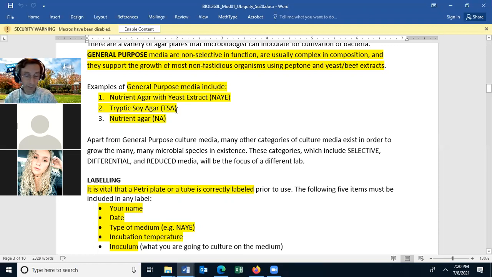The reason why microbiologists use general purpose media so frequently is because they grow a lot of organisms and they are cheap. They're also fairly easy to make. Okay, so these are the media that we use most of the time in microbiology. Any question about any of that? We will talk about other media in a later lab, but for now we're only talking about general purpose media.